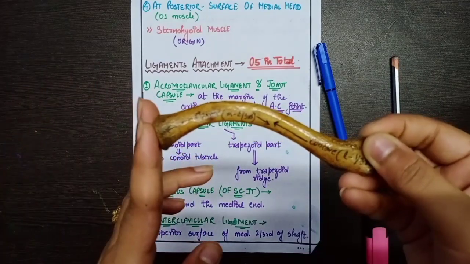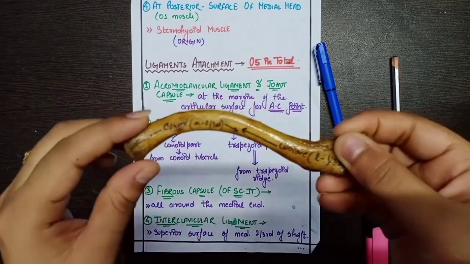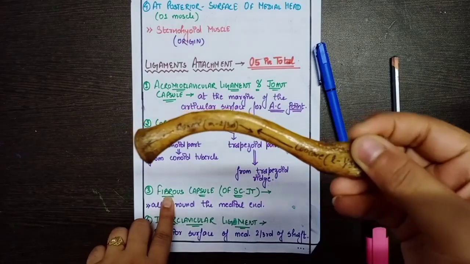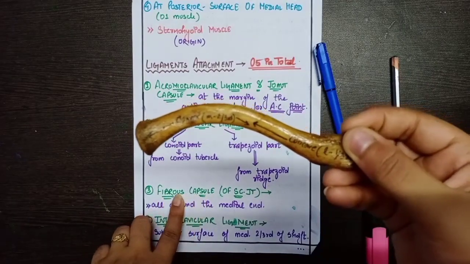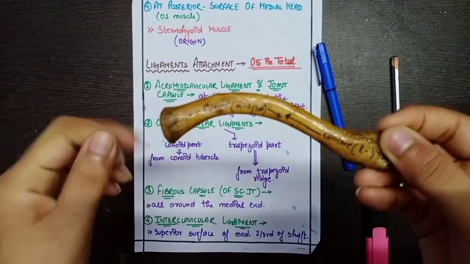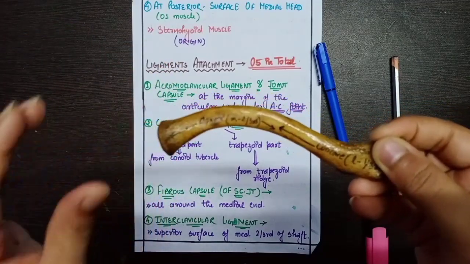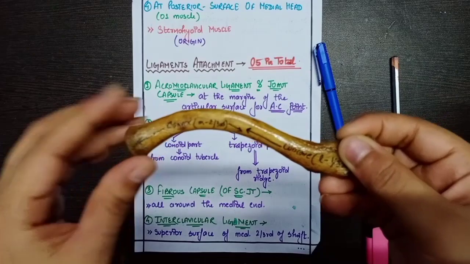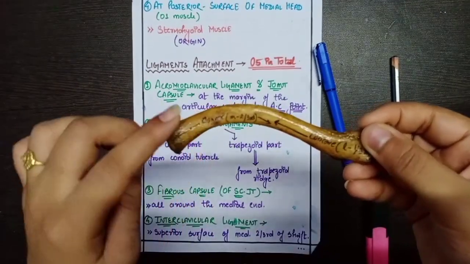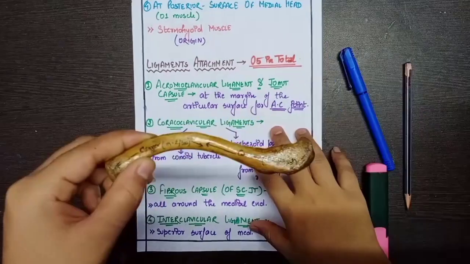So when they articulate, they need accessory structures for providing support to the joint. One of the accessory structures that all joints have is the fibrous capsule. So the fibrous capsule is going to totally cover both of the articular surfaces to keep the joint in place, right? So here in the clavicle, you will have the fibrous capsule all around your medial end.